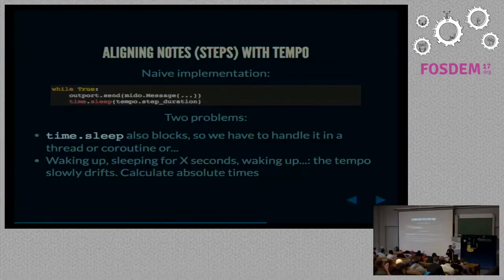Another concern is to align notes with tempo. So how do I maintain a tempo? A naive implementation would be to sleep for the duration of a step. But there are problems with that, because this time.sleep also blocks, so it's another thread or another coroutine to handle.